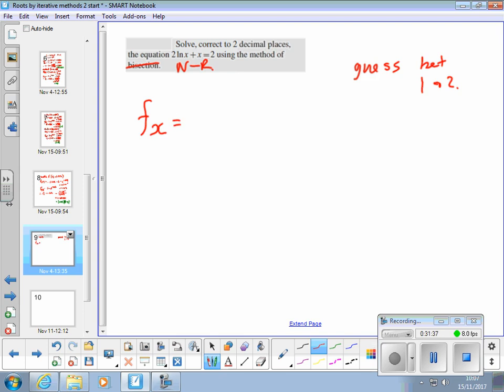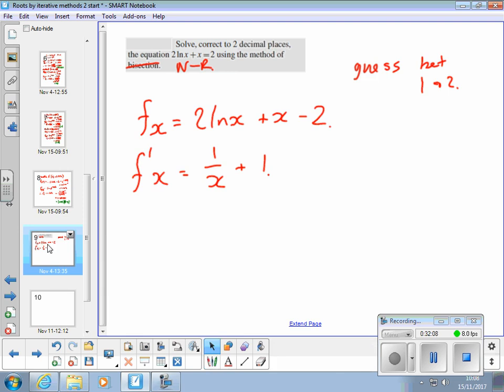Start again. F of x is equal to 2 ln x plus x minus 2. Differential is 1 over x plus 1.